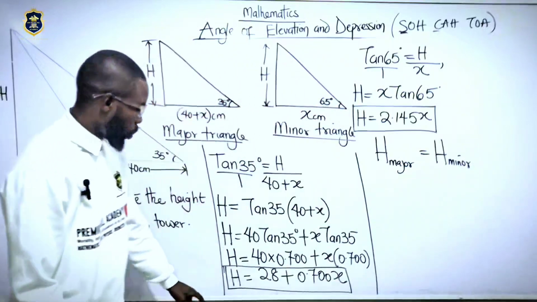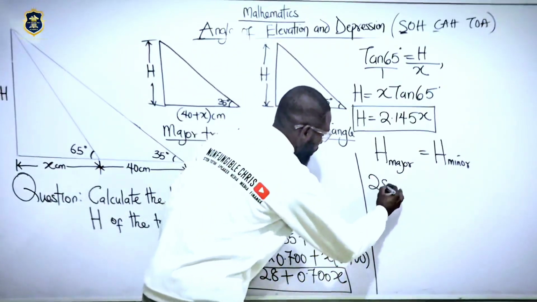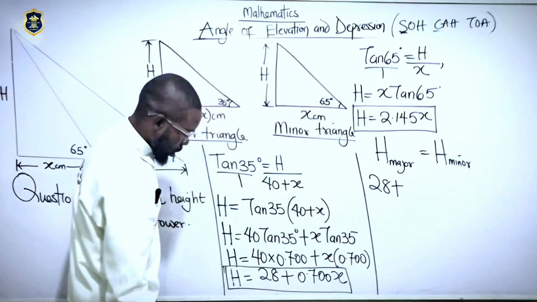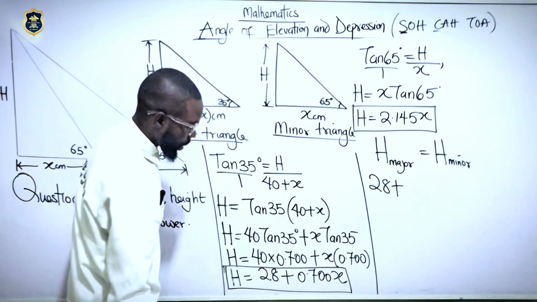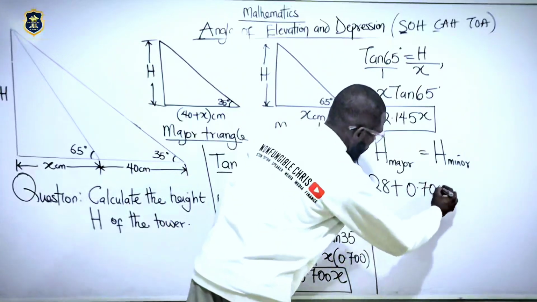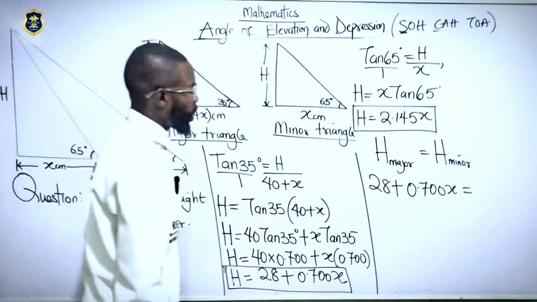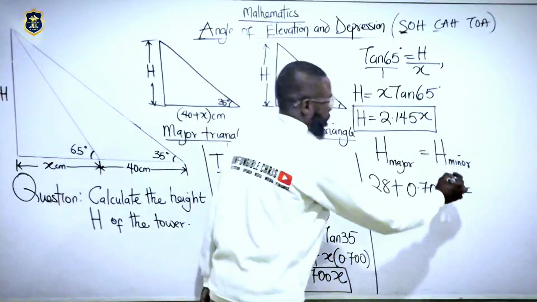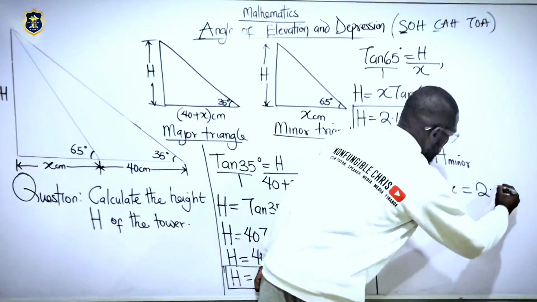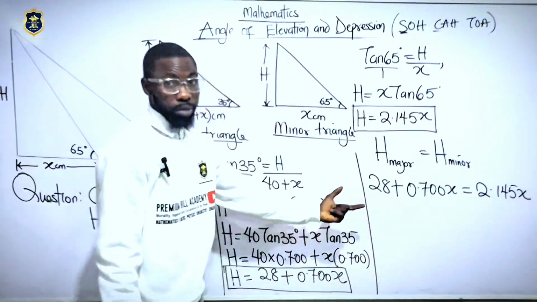And for the height for the major, what do we get? We're having 28 plus 0.700x equal to, for the minor one, 2.145x.